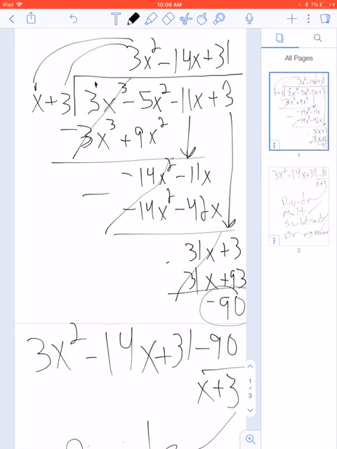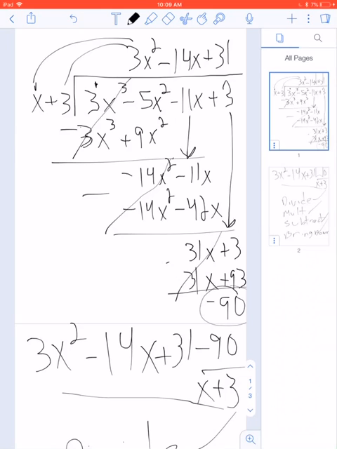So I must list the remainder as still being divided by x plus 3. So like I said, my final answer is 3x squared minus 14x plus 31 minus 90 divided by x plus 3. Just the negative 90 is still being divided by x plus 3. Don't put the whole thing over x plus 3.